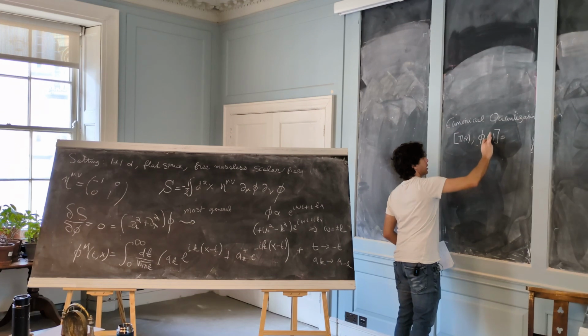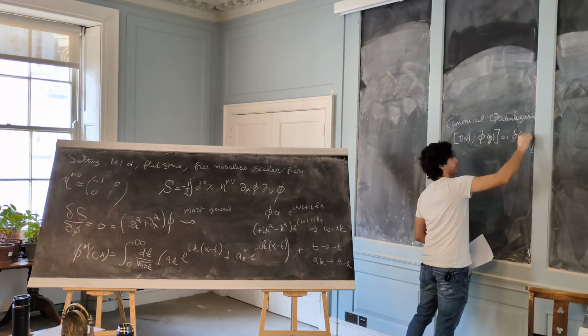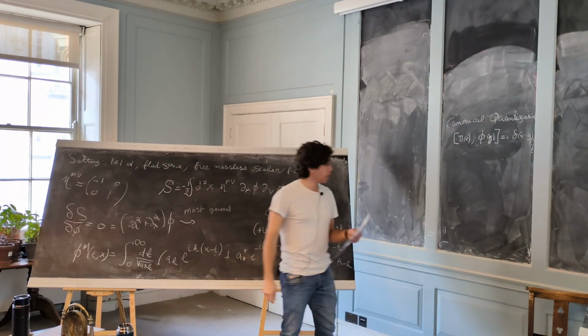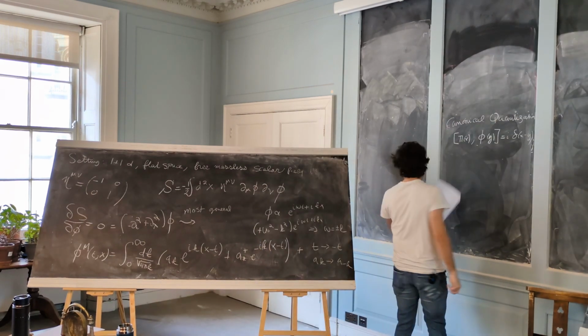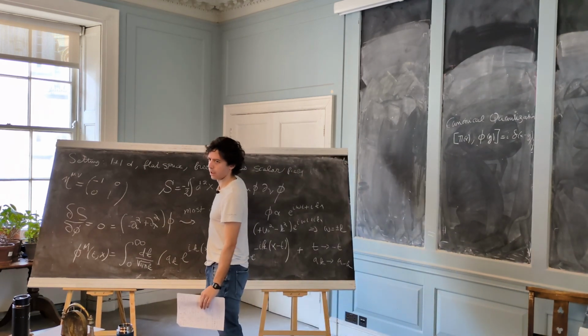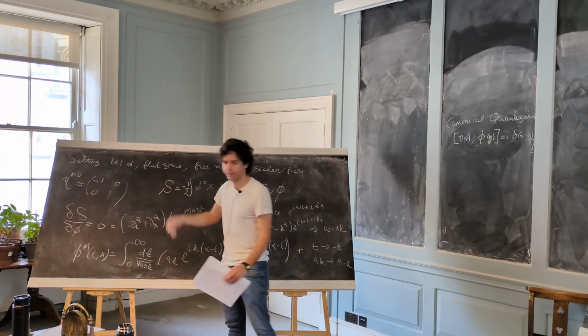So this should be a y, and then this should be an I delta x minus y. And pi is the canonical momentum, so in terms of the original field variable, pi would be phi dot.